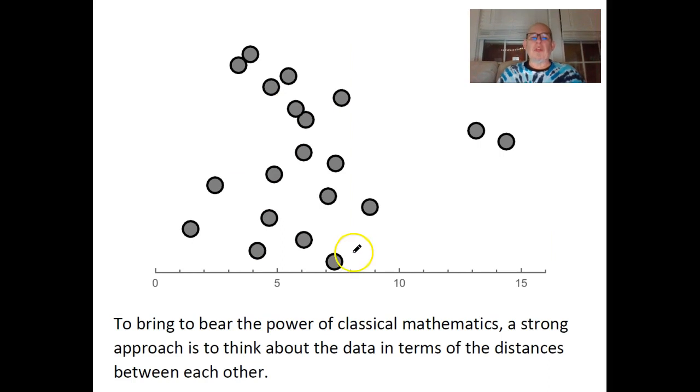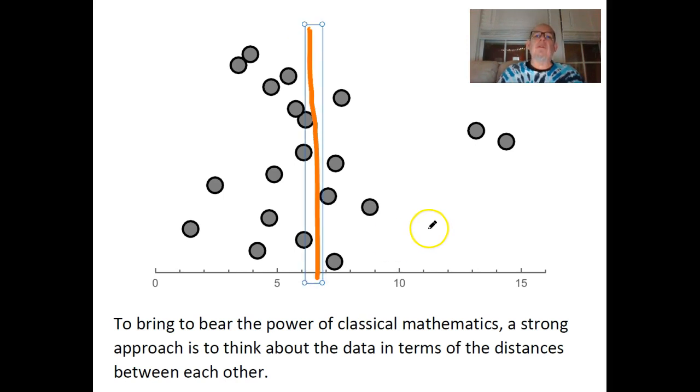Another way of approaching it is to try to bring to bear all the last 300 years of calculus. So the idea is that we want to be able to draw some line and then think about distances.